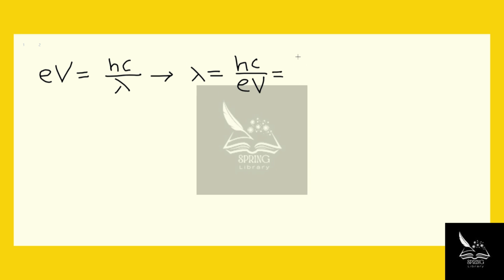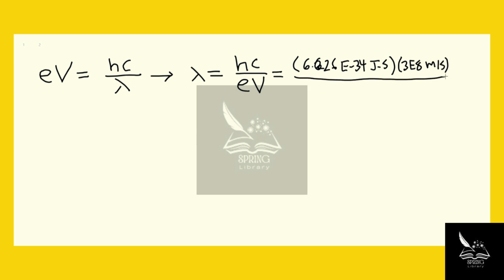So numerically, we have 6.626 e to the negative 34 joule seconds times 3 e to the 8 meters per second, all of that over the electron charge, 1.6 e to the negative 19 coulombs, and the potential difference that we're given, which in this case is 24 kilovolts, so 24 e to the 3 volts.